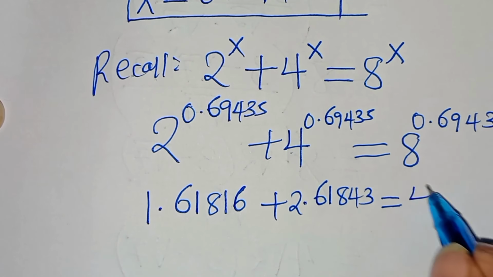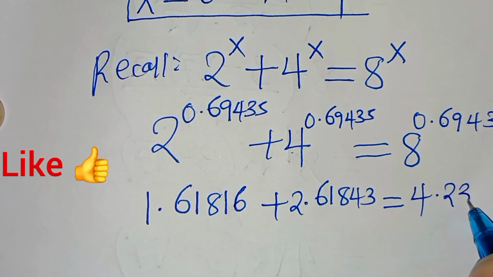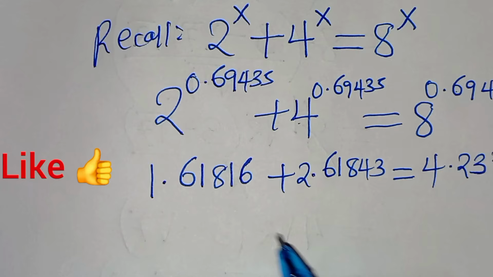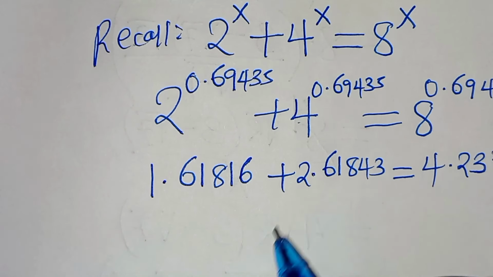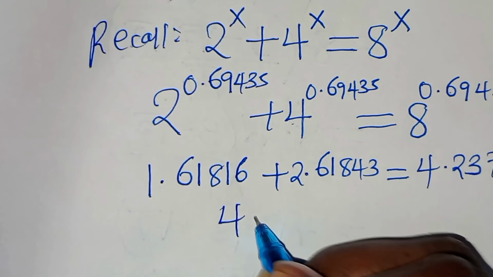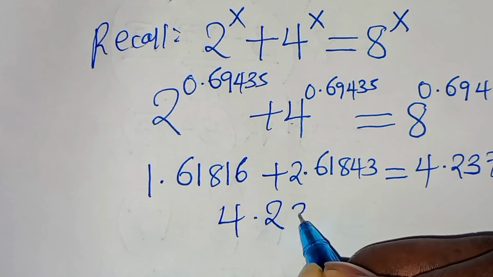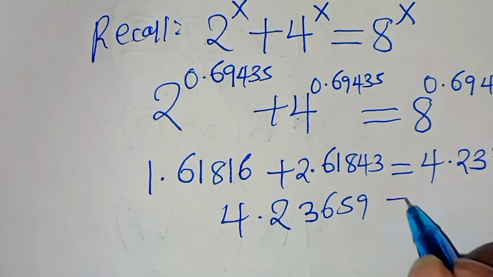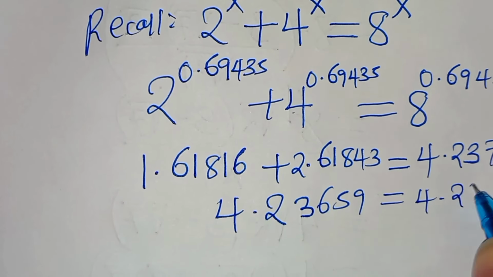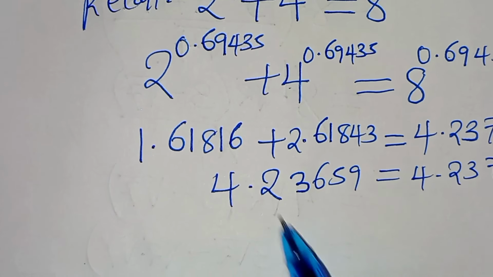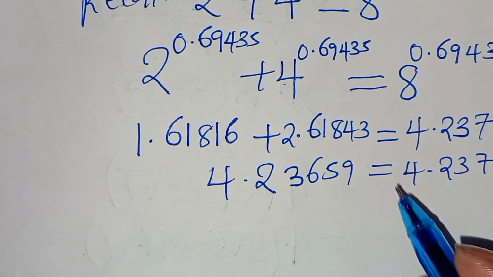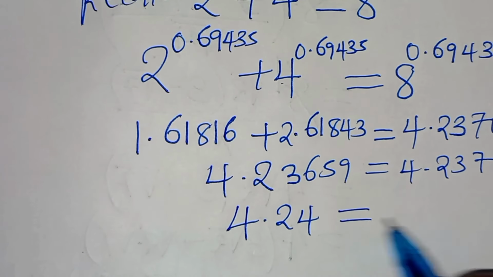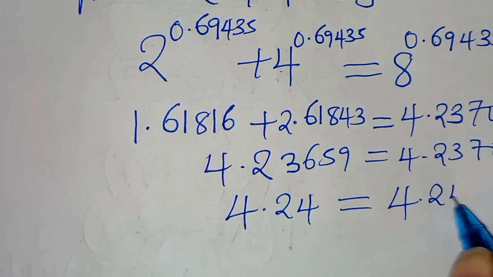Then 8 to the power of 0.69435 is 4.2370. And if you sum up these two, then here we have 4.23659, and this is equal to 4.2370. So we can round off to 2 decimal places, so that we have 4.24 equal to 4.24.